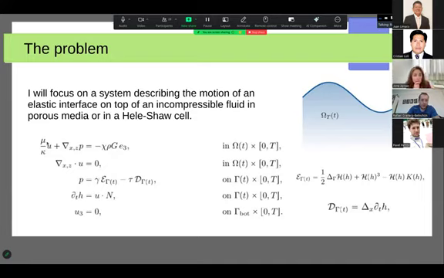Mu is related to the viscosity of the fluid. Kappa is the permeability of the porous medium, or is related to the width of the Hele-Shaw cell. Rho is the density of the fluid. Capital G is the gravity. This e3 should be another 2. And this is just, imagine, 1.